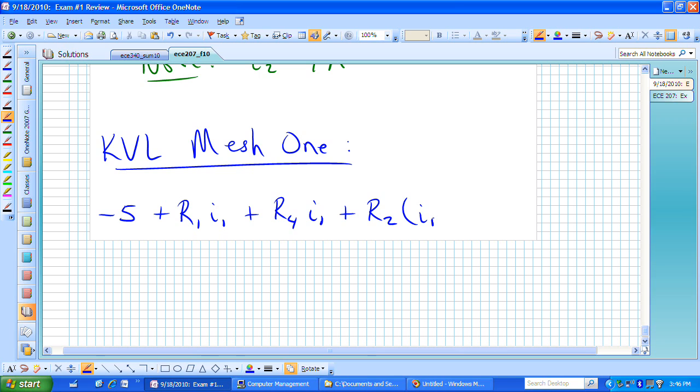The direction that I'm going from right to left, I want my positive current to be I sub 1 minus I sub 2, and that should sum to equal 0.